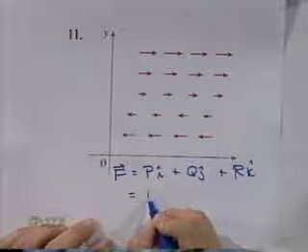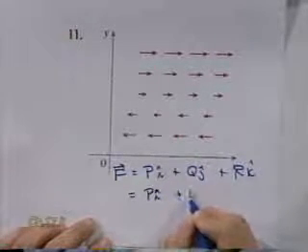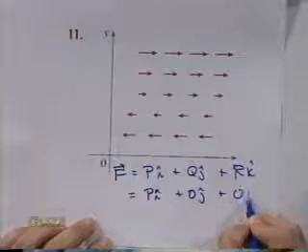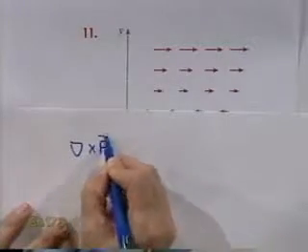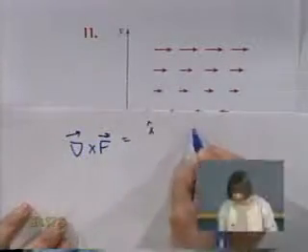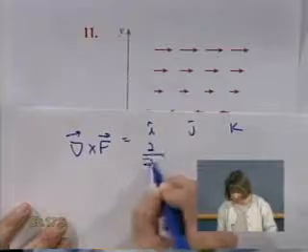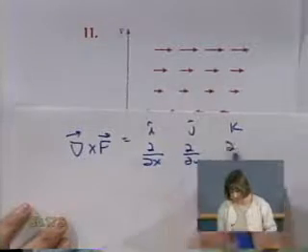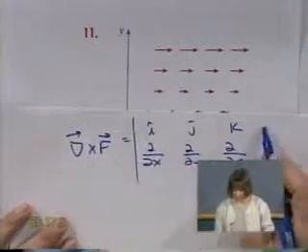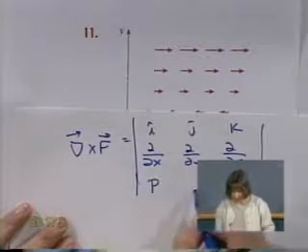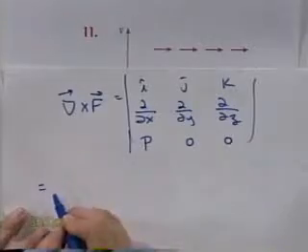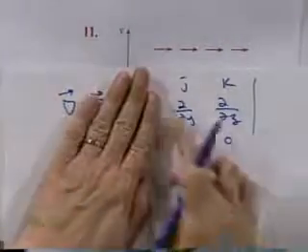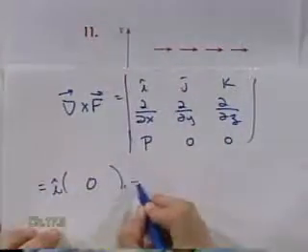So this is some P, with the y component 0 and the z component 0. So if I do curl, del cross F, I have i, j, k, partial with respect to x, partial with respect to y, partial with respect to z, of P, 0, 0. So this is equal to i times, this is 0 minus 0, that's a big goose egg, minus j.